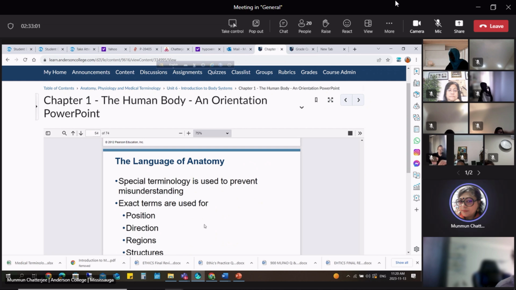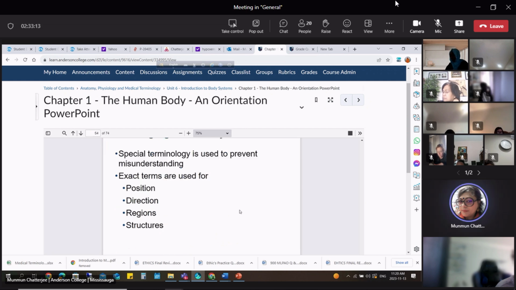So we have learned the anatomy. Now we have some language of anatomy. Special terminology is used to prevent misunderstanding. Some terms are used for position, which direction you are in, like we have learned: anterior, ventral, posterior, superior, above, down, below.